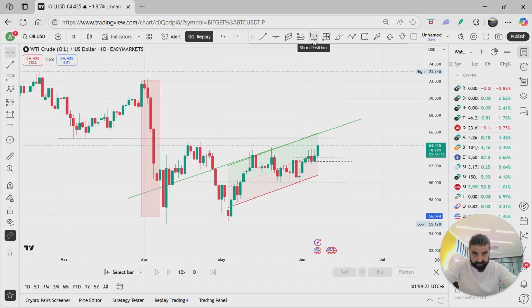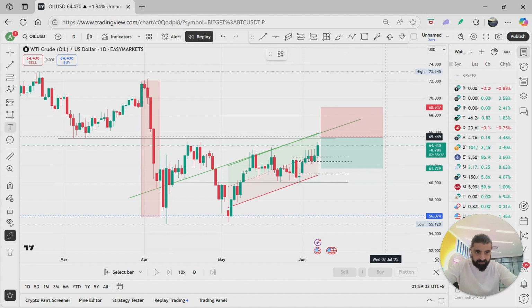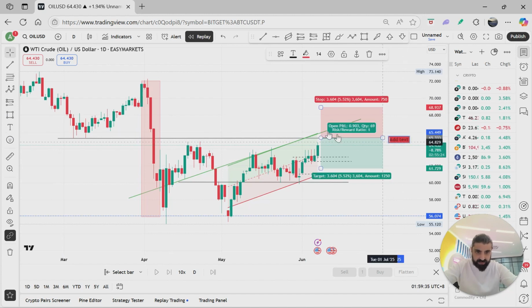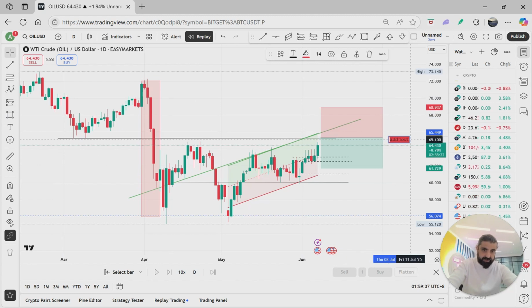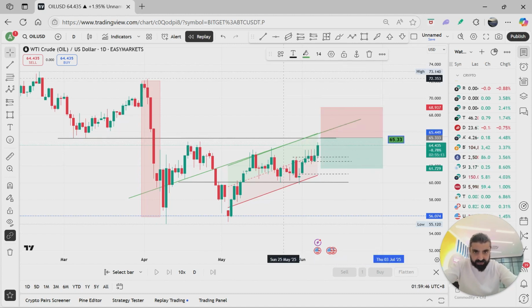What my team and myself are going to do, we are going to open a short position from around 65.33 level, right? So it's going to hit this level, 65.33. This is where we're going to short the market, right?